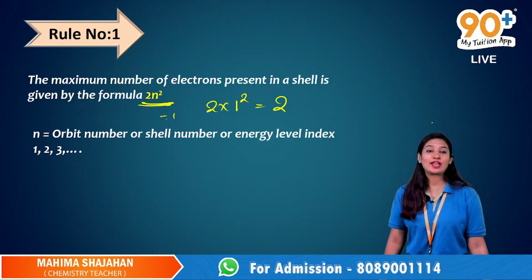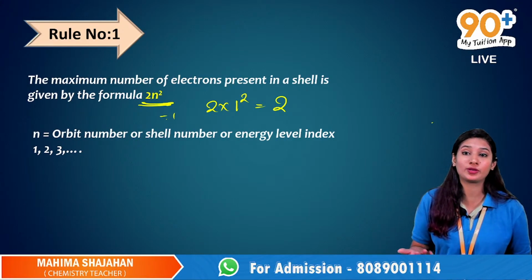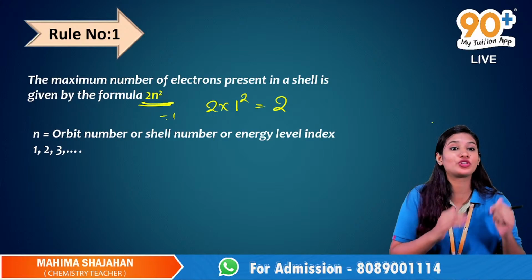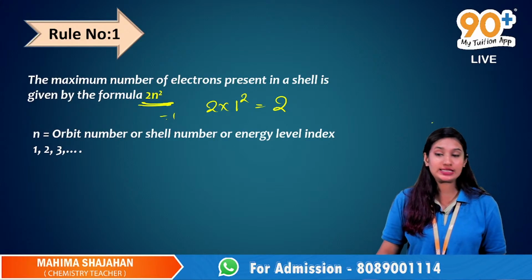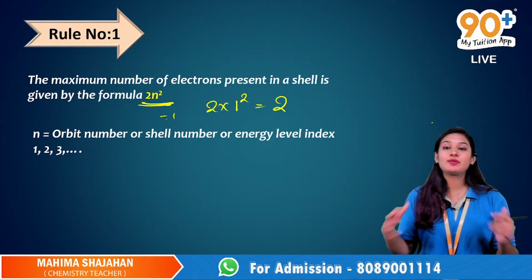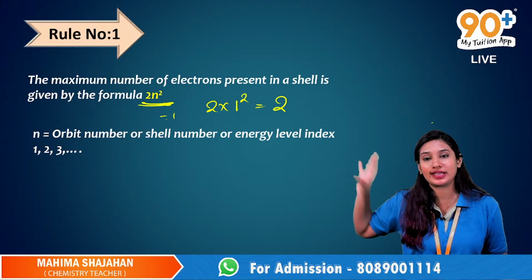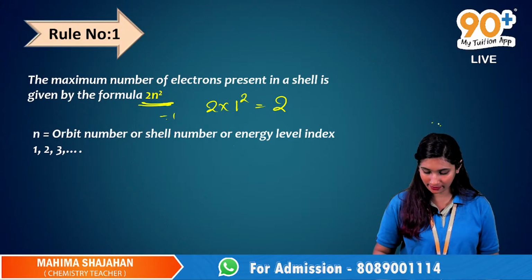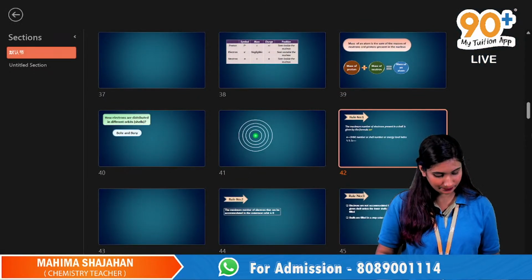The maximum electrons the second shell can accommodate will be 2 into 2 square, that is 2 into 4, which is 8. That is how you find out the maximum number of electrons that can be accommodated in a shell. All right? Yes, very good. So there are the three rules.